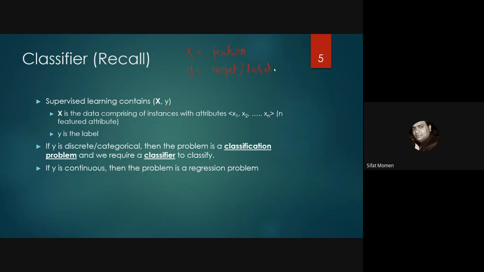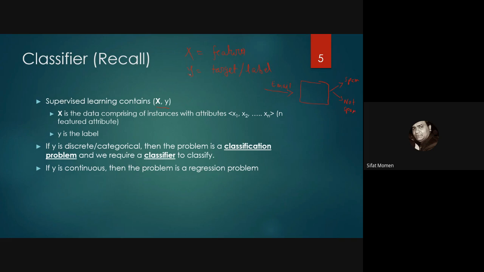Imagine the problem is that I want to create a tool that will take my email as an input and predict if it's a spam email or a regular email, or I would just say not spam. Clear? So what would be my X and Y?